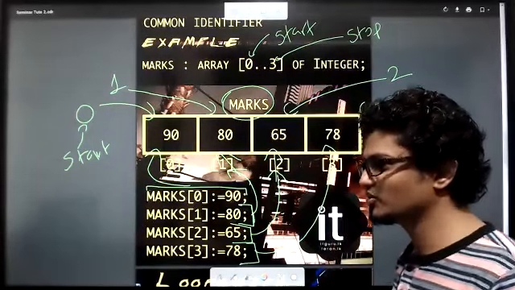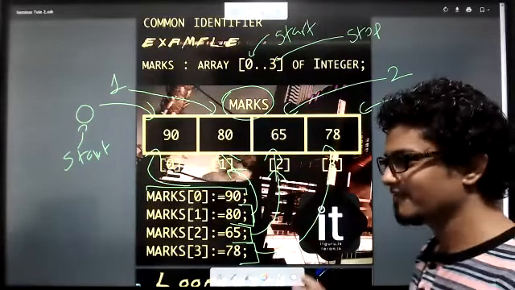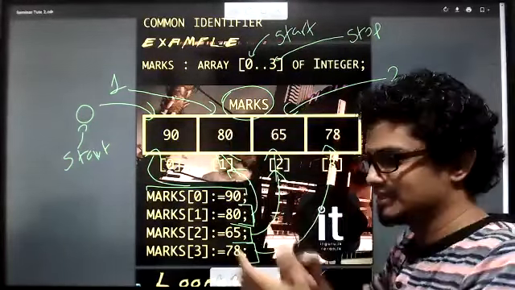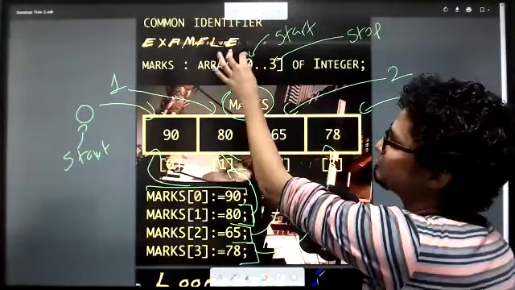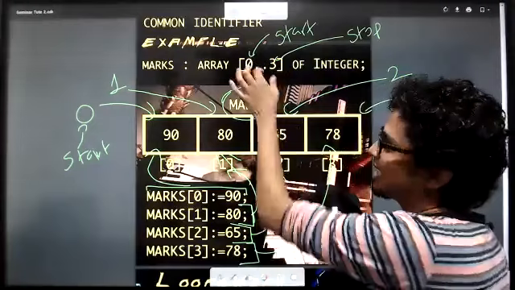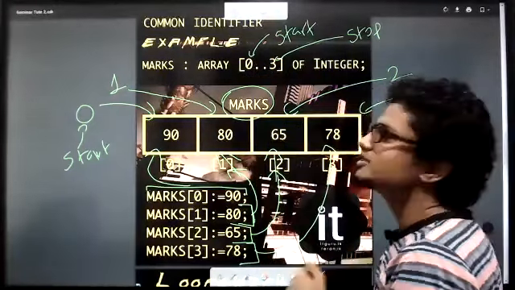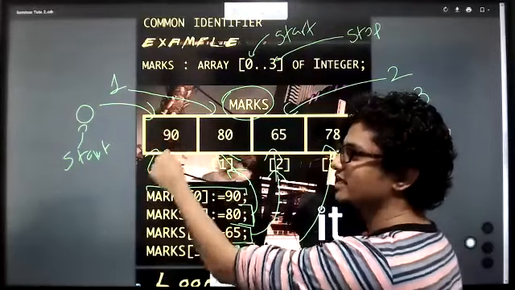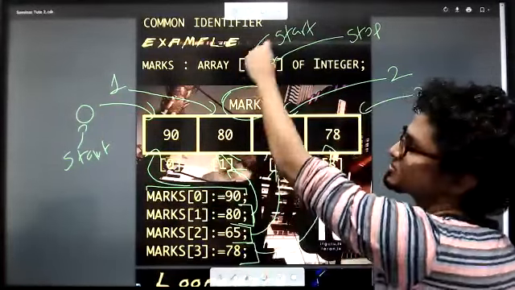If you cannot understand, very simply have a look at this. This is my marks array. Imagine like that. I have said that the marks array can have starting from 0 to maximum 3. This is the first element of my marks array, and this one is the 0th one because I said to start from 0.